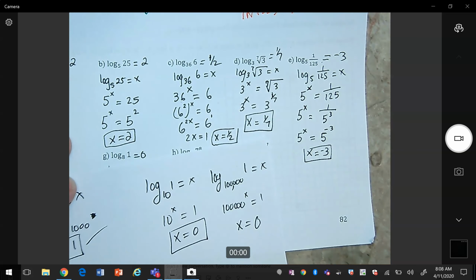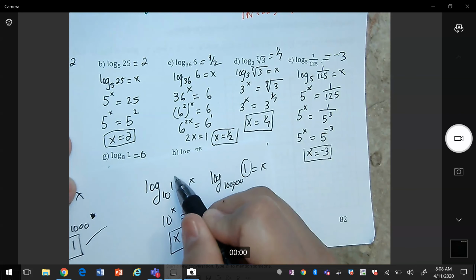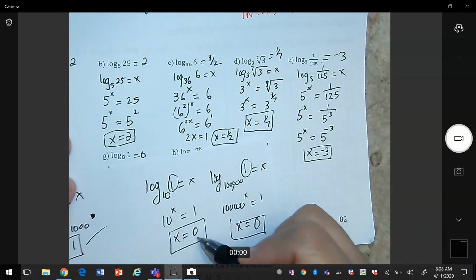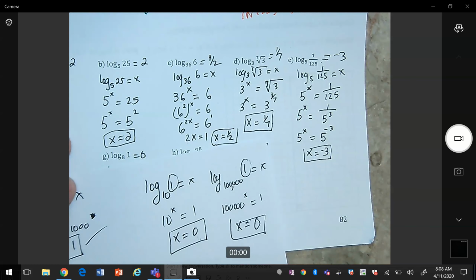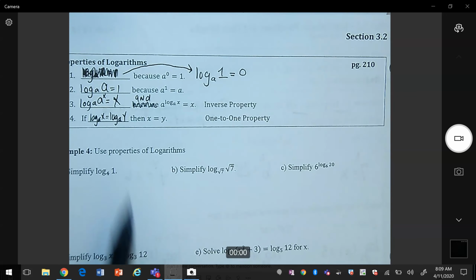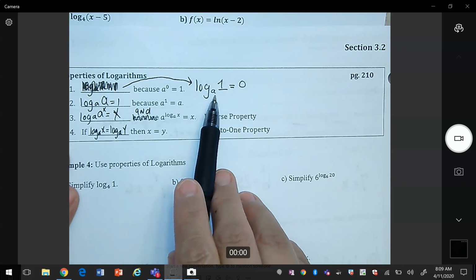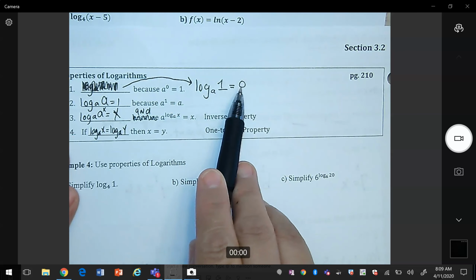This is going to be 0. So if you have a 1 here, then your answer will always be x equals 0. So that leads us to the first property on the next page. Log base a of 1 is always going to be equal to 0.